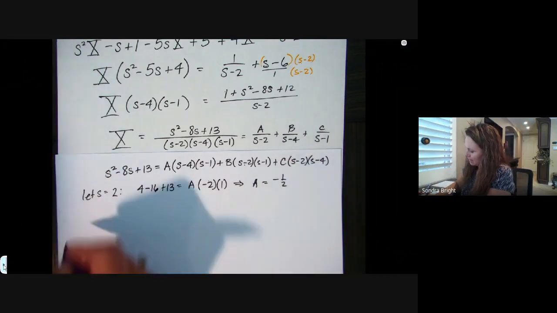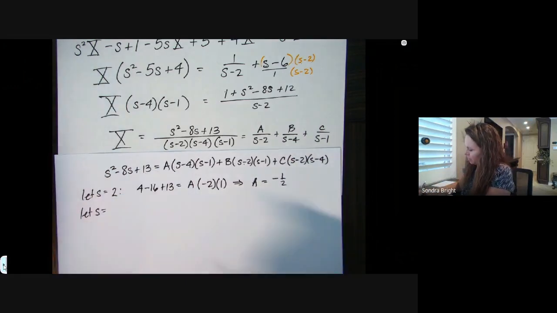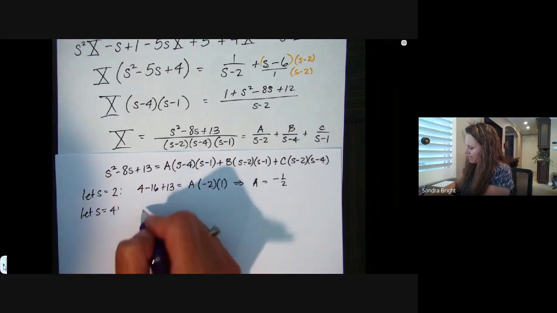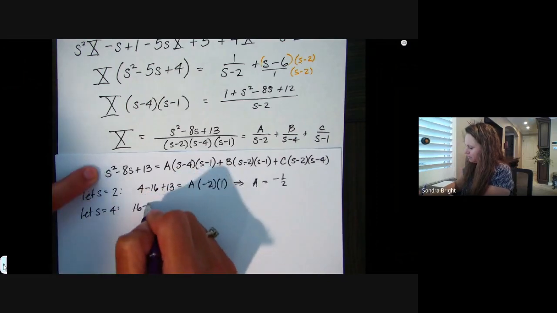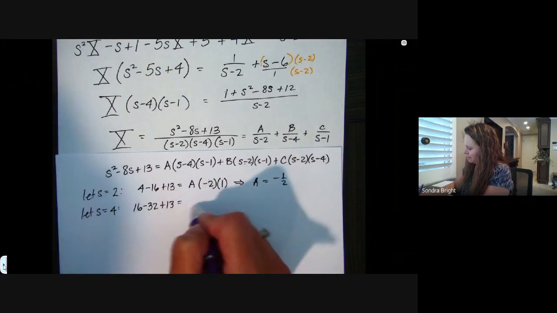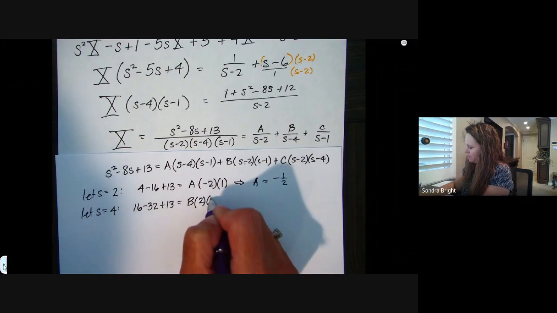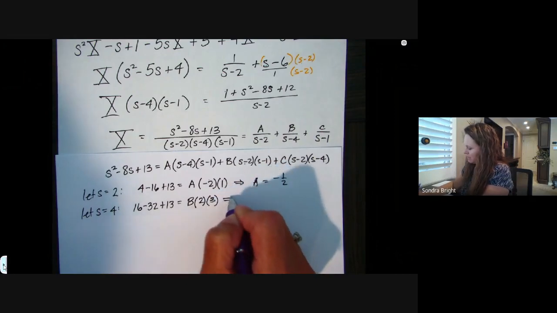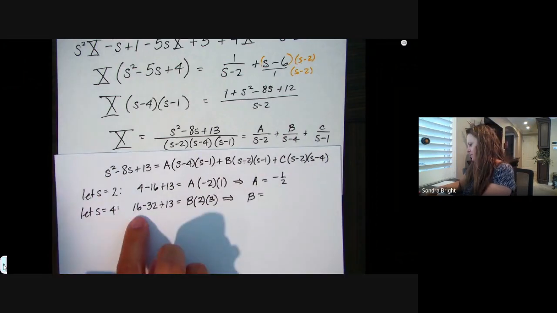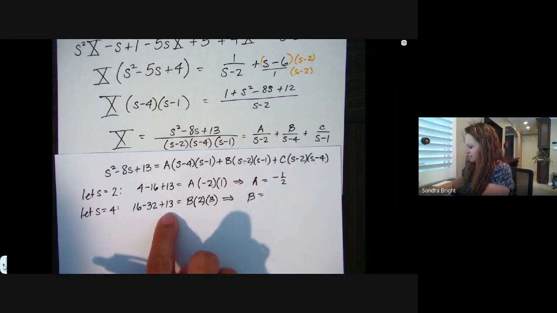If you let S equal 4, you'll have 4 squared minus 32 plus 13 is equal to B times 2 times 3. So B would equal, what is that? Negative 16 plus 13 is negative 3 divided by 6.